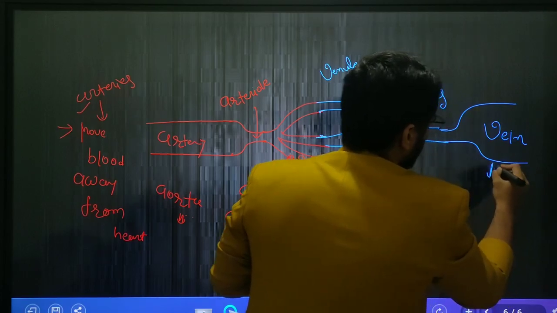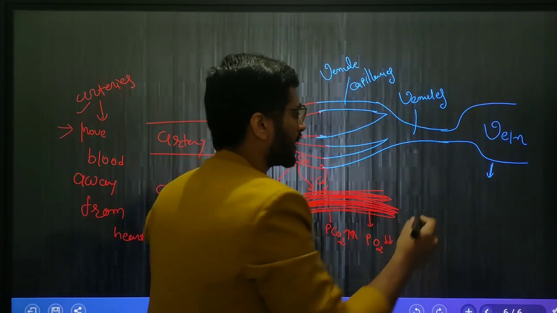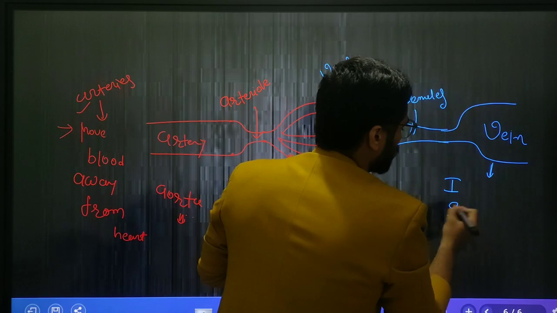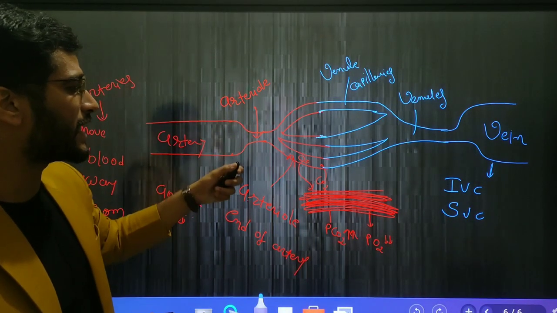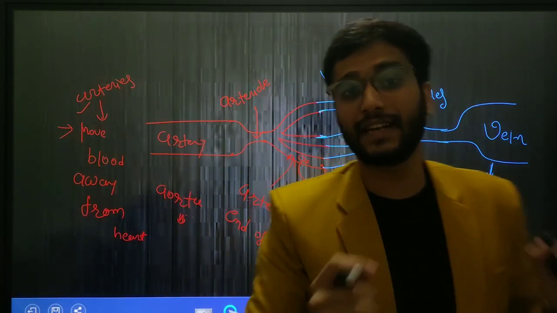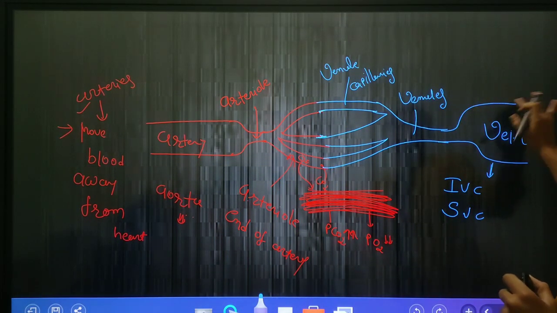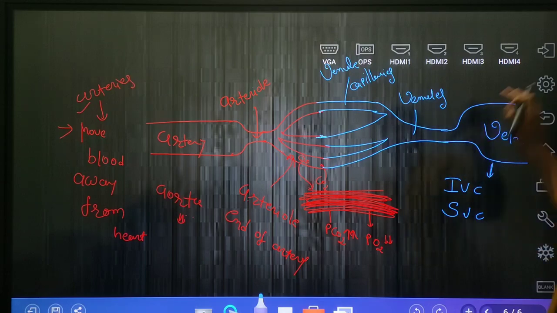The biggest veins of our body are the inferior and superior vena cava, right? So this is the idea and terminology related to the blood supply of the body.